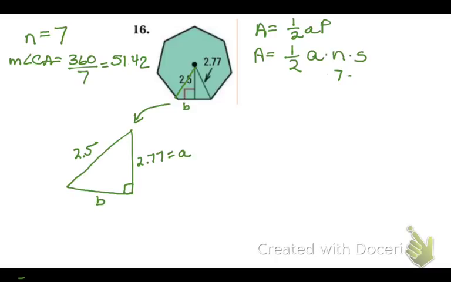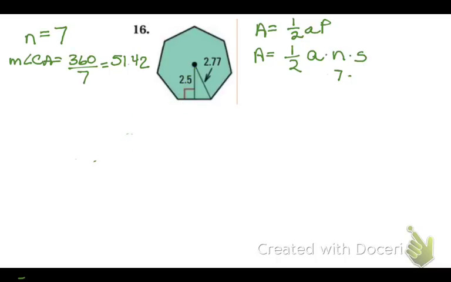So, good old Pythagoras. Oh, whoops. Gosh, I drew this whole thing wrong. I'm sorry, you guys. This is getting long. I didn't mean for it to be that way, but let me redraw this. So our height, our apothem, is 2.5, our hypotenuse is 2.77, and this is what we're missing.